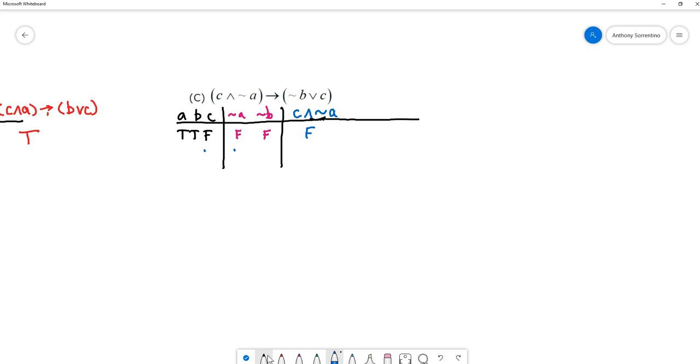And then when I look under B, not B or C, I'm looking now at these two, not B and C. For that to be true, one of those has to be true. In this case here, C is false, not B is false, so this is false.